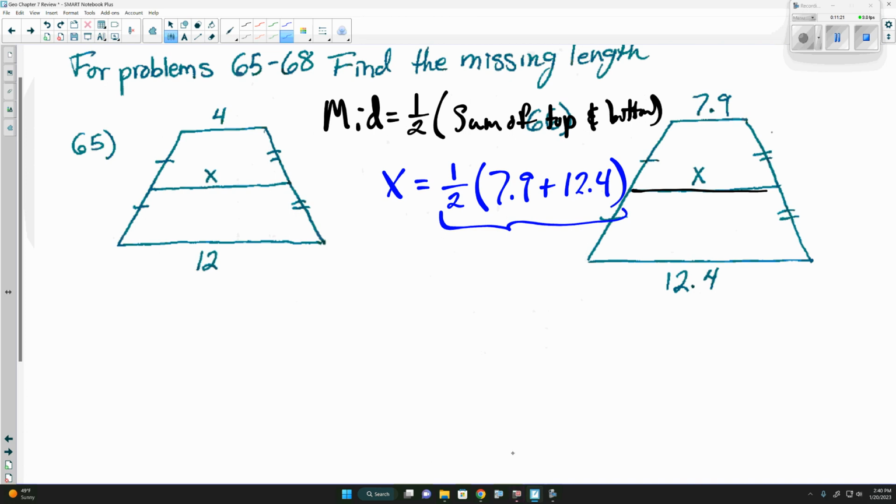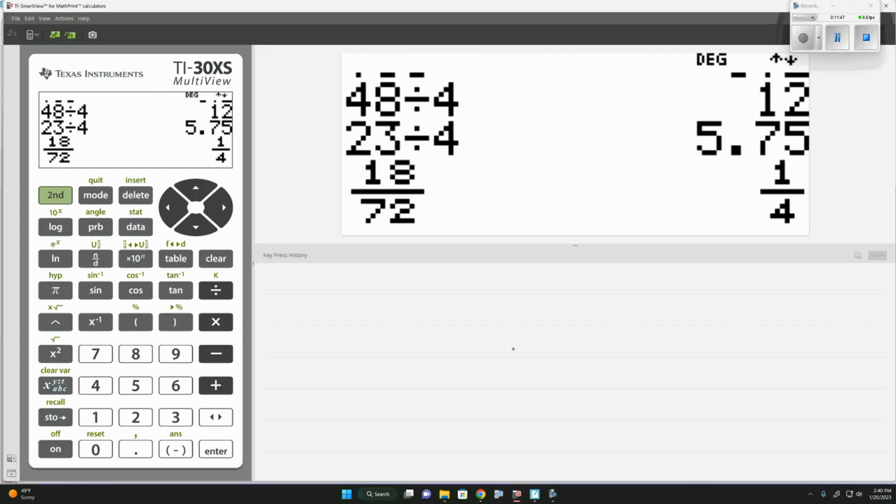Now all this here is numbers, yes? We can plug it in. Now, if we added them together, it would be 0.3, carry the 1, 20.3. And if we take half of 20.3, that would be 10.15.